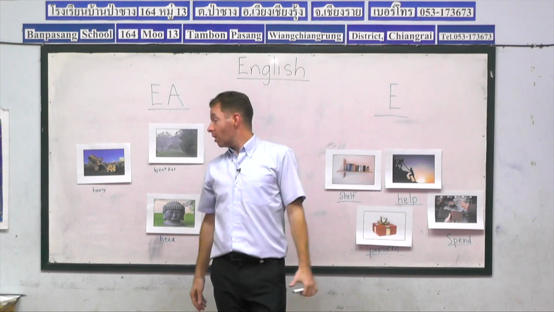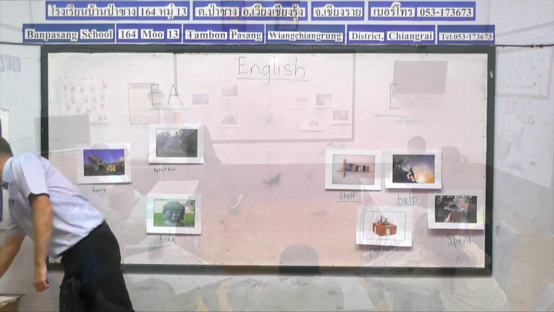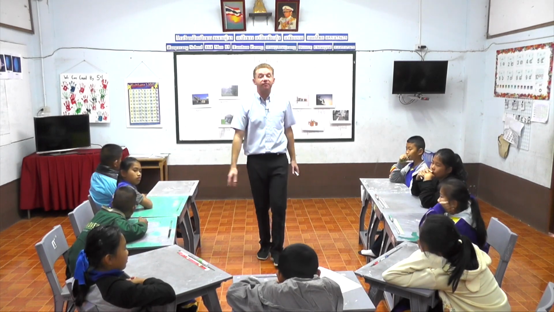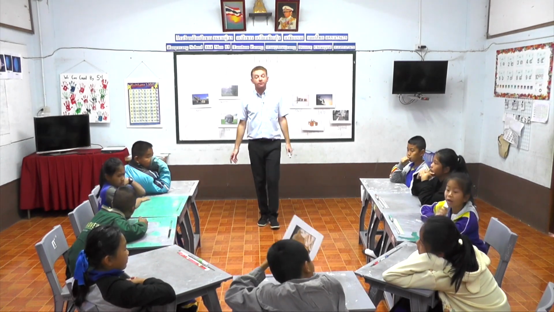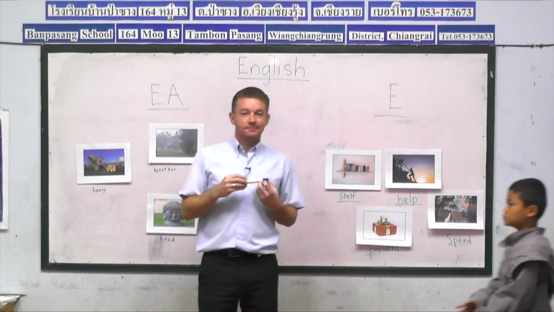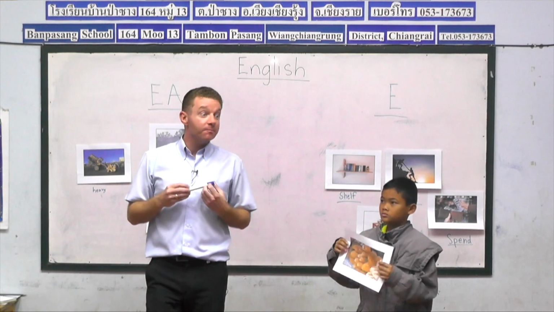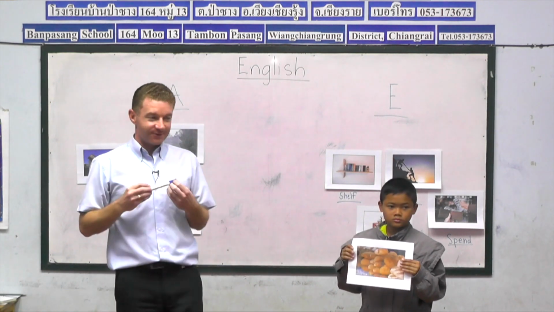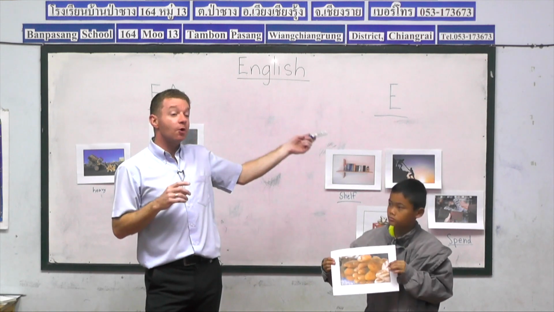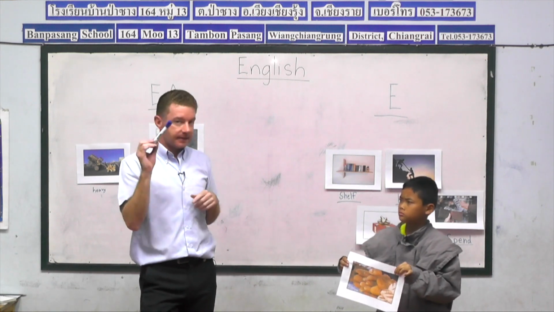Okay, so we've still got a few flashcards left. Let's see who can go next. And now the flashcard is with Chew. So Chew, come and join me at the front, please. And what can we see on Chew's flashcard? Bread. How do we spell bread, guys? With just E or with E-A? E-A is correct.